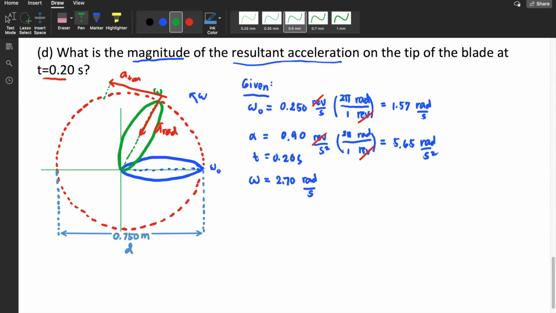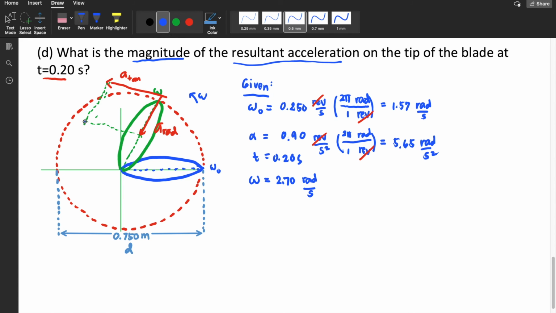So ang tendency is that pagpangita sa magnitude, dili kayo perpendicular ang pagka-draw. Excuse me. So you'll draw a line parallel to your a radial and also draw a line here parallel to your a tangential.